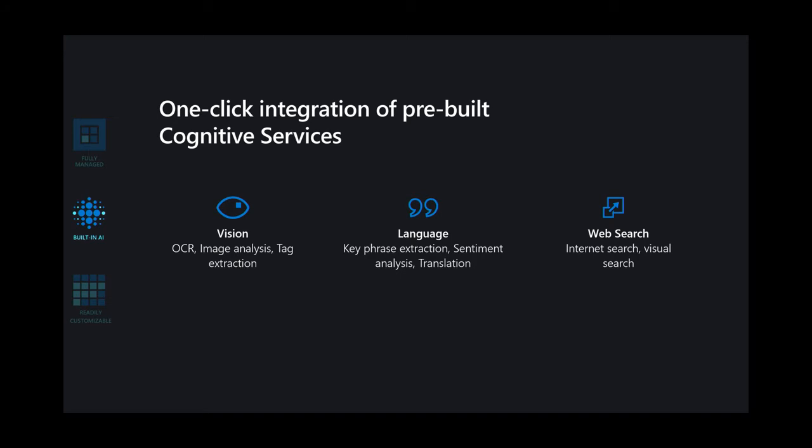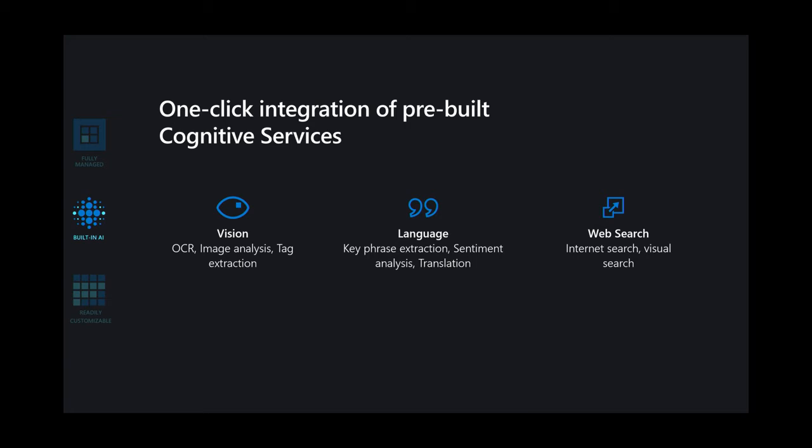Moving on, a single-click integration of pre-built cognitive services. I really invite you to go into the portal. It's done very beautifully. When you go in and you're able to just pull the portal up, and then just with a few clicks, you can add OCR, you can add entity recognition, all of those can be added very simply into this. And you can add from vision, as I talked about, language, as well as web search.